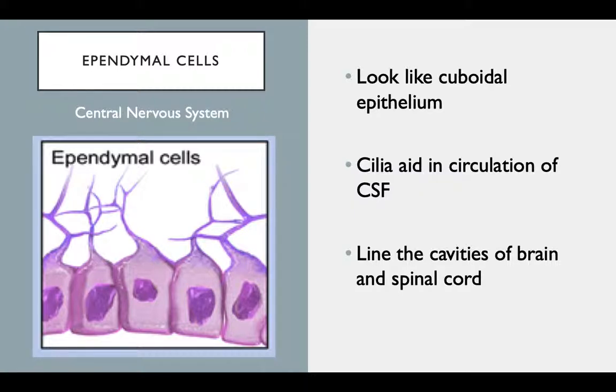They do have processes, like the previous cell we mentioned, and because they are root-like, they assist in penetration of the tissue, in our case, the nervous tissue in the brain. The cerebrospinal fluid that it produces fills the spaces in the central nervous system. The cilia, or processes on its surface, aid in circulation of the cerebrospinal fluid into the system.